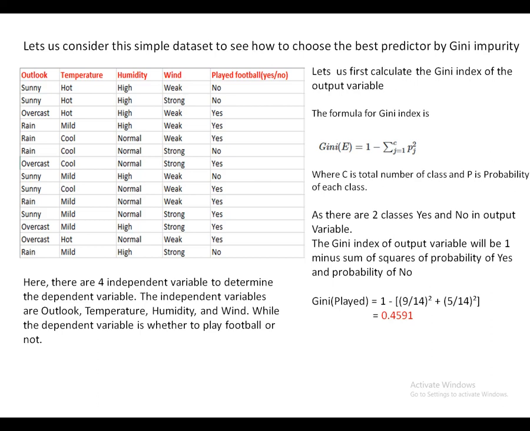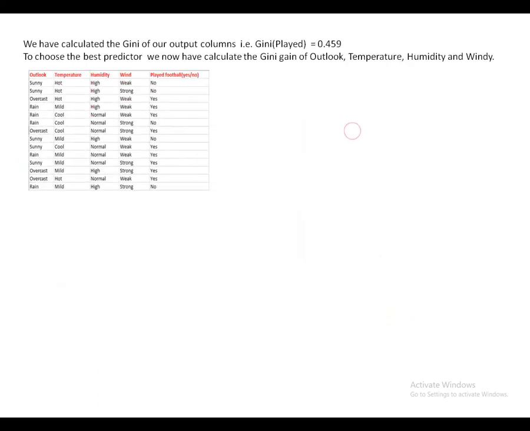The Gini for the output variable comes out to be 0.4591. We have calculated the Gini of our output column, that is, Gini of played is equal to 0.459.